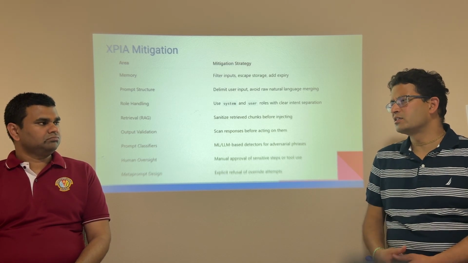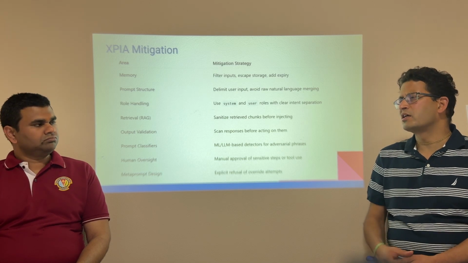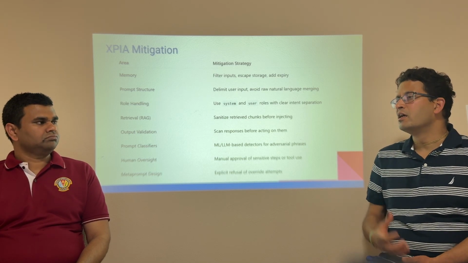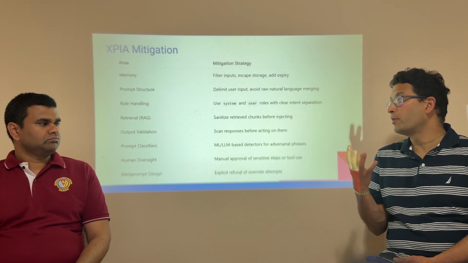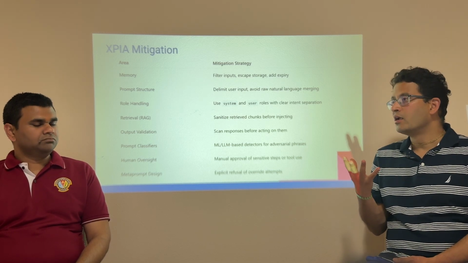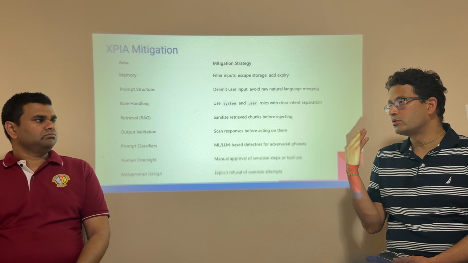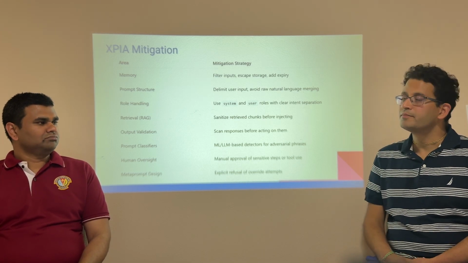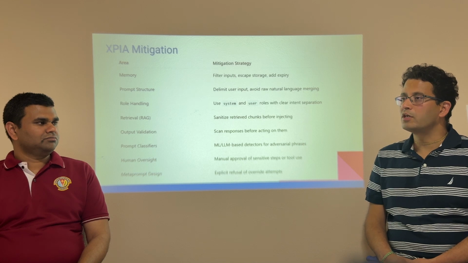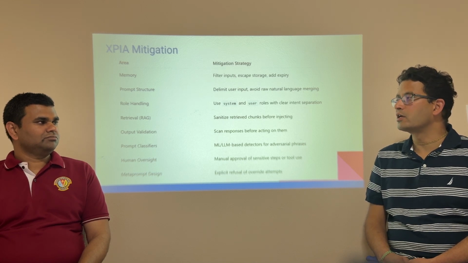One of the techniques is sandboxing, where there is a critic agent that reads the output, and if it sees something uncommon or abnormal, it would basically stop the response. It will stop the execution of that prompt. So sandboxing is one common technique for such kinds of attacks.